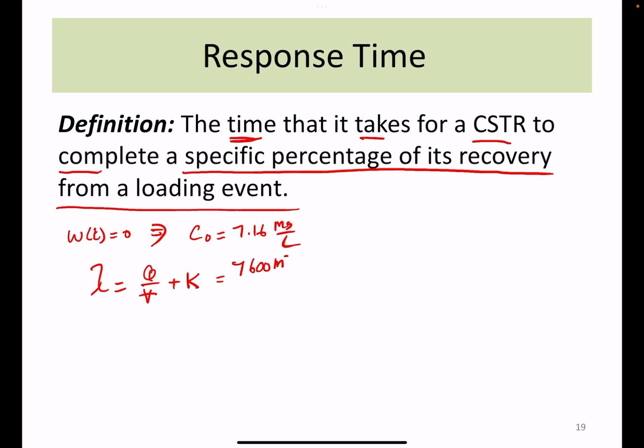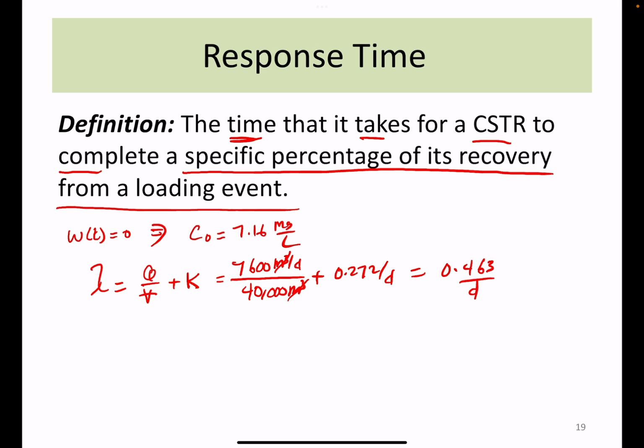7,600 meter cubed per day divided by 40,000, plus K, which is 0.272 per day. And the units are homogeneous here, meter cubed cancels meter cubed. It's going to be per day on the other side, and that would give you the eigenvalue of 0.463 per day.